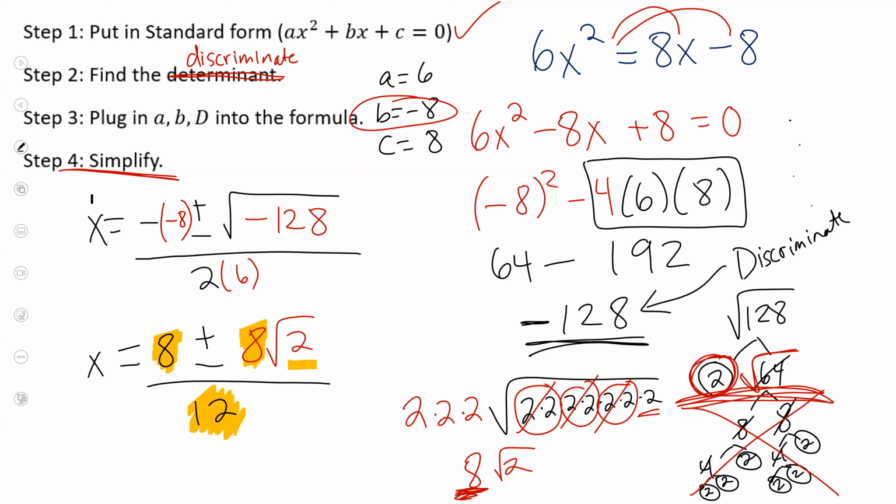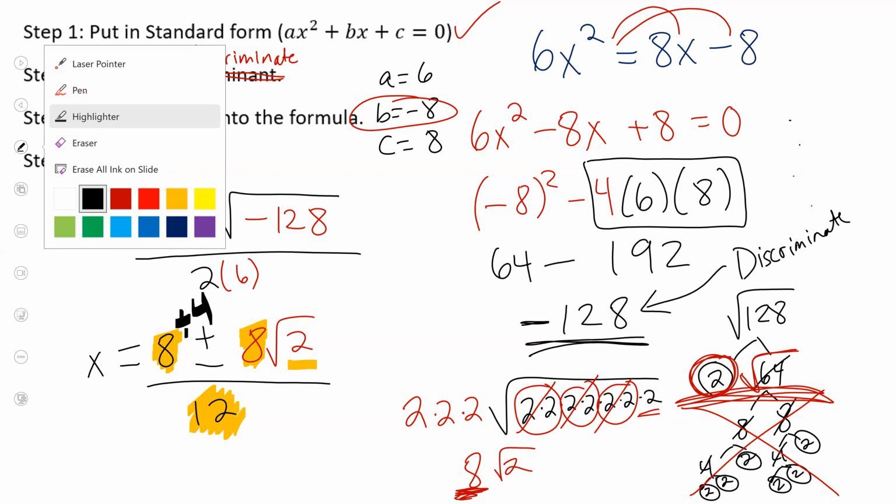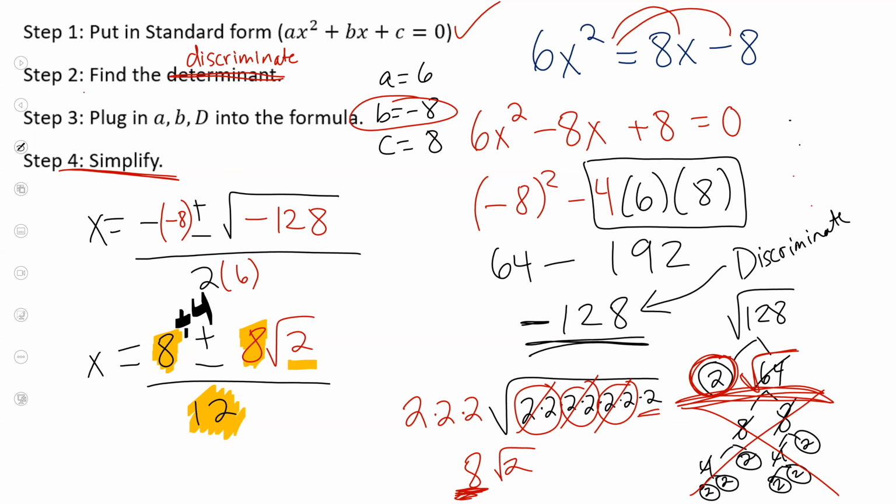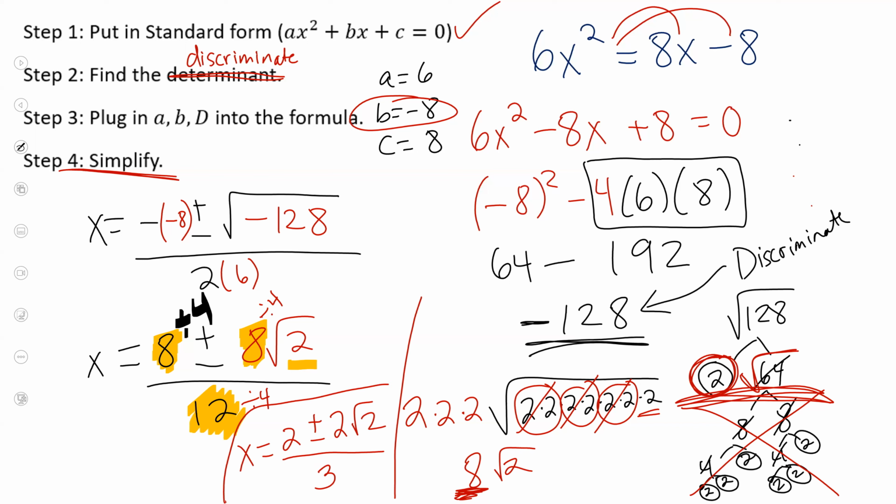If you said 2, you're right, but you can do bigger. So 8 divided by 4 is what? 2. Good. So we're going to get x equals 2 plus or minus, divide this 8 by 4. You're going to get 2. And then 12 divided by 4. You're going to get 3. So this is your simplified answer. You must simplify.